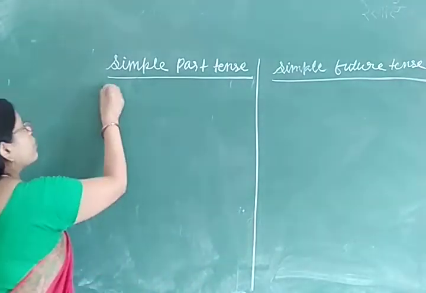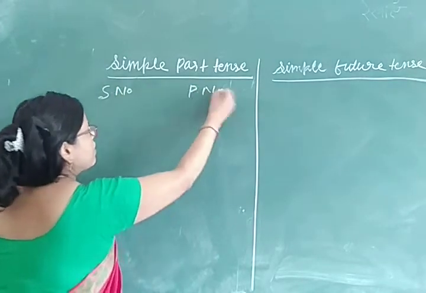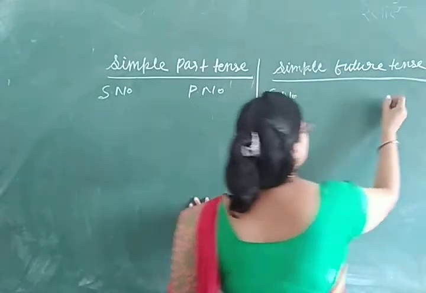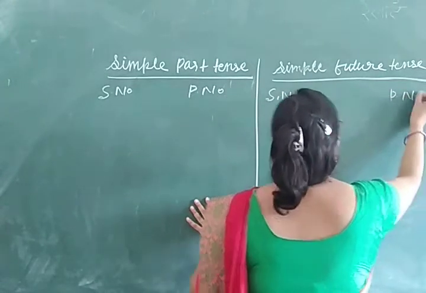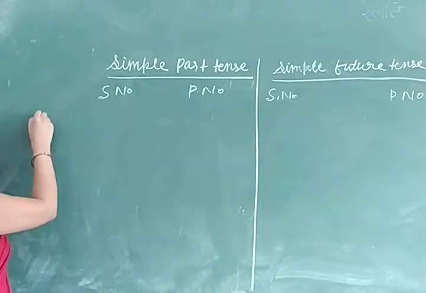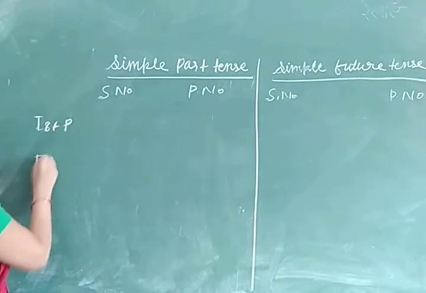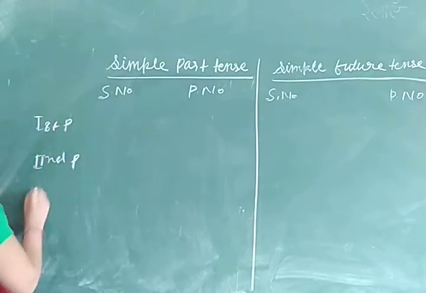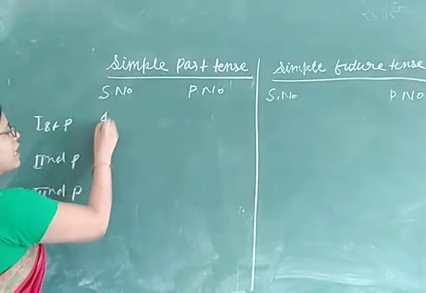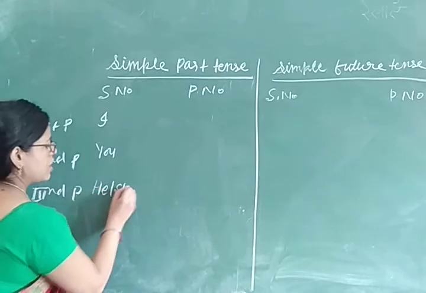So everywhere we will write here singular number, here we will write plural number. Similarly in this side also I will write singular number and here plural number. Okay, so at first we will finish this one. Then here first person, second person, third person. Here I will write I, you, he, she.